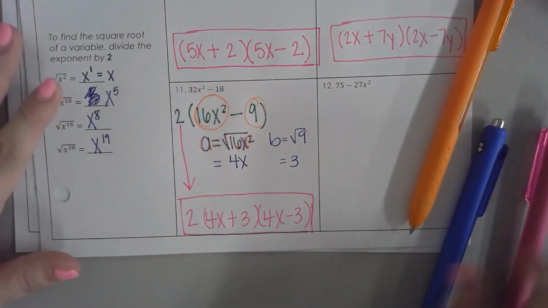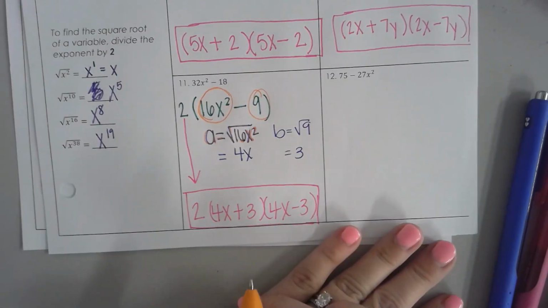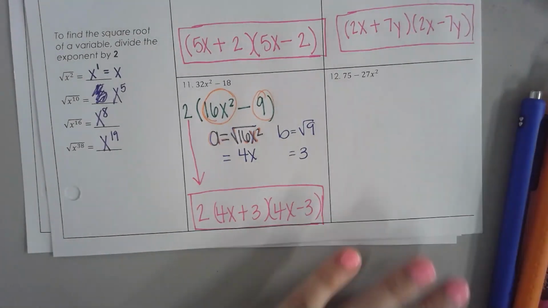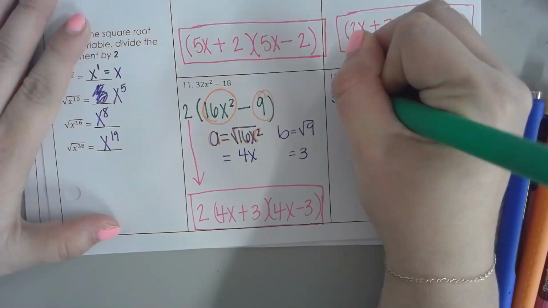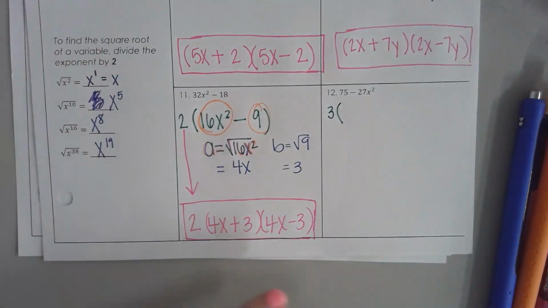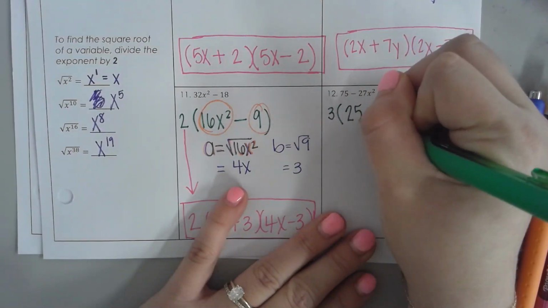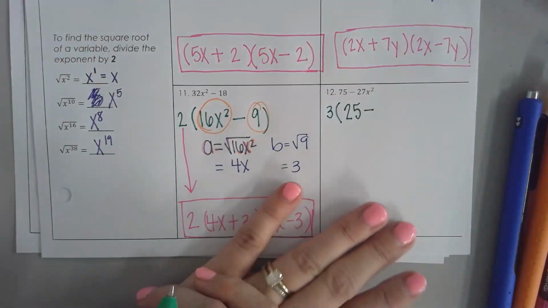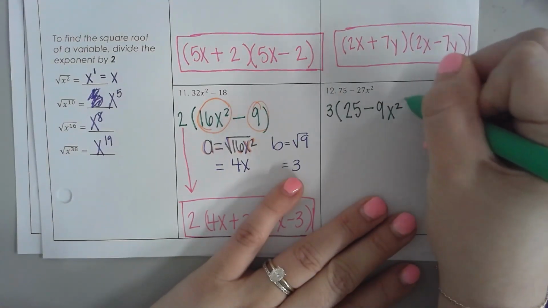Are there any questions? Number 12. Is there anything you can divide both of those by? Three. They are both divisible by 3. What is 75 divided by 3? 25. 27 divided by 3? 9. And then we still have the x squared.